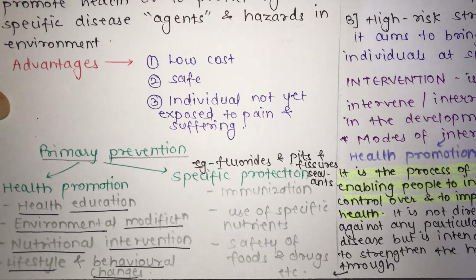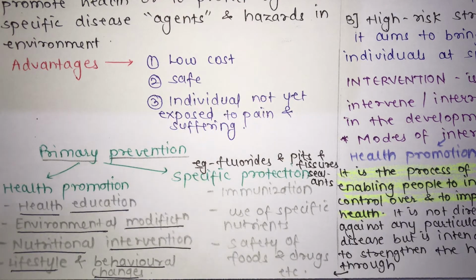And specific protection includes immunizations, use of specific nutrients, and safety of food and drugs. In dentistry, what we are basically doing is fluorides and pits and fissure sealants. Like we know, fluorides are used in preventive dentistry, and even pits and fissure sealants. So this is the specific protection.